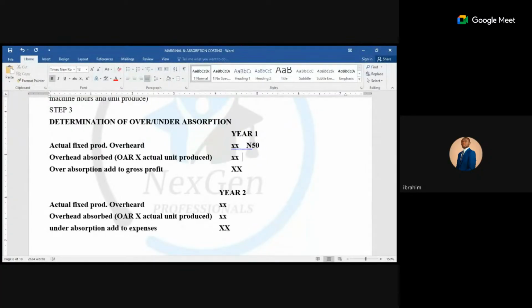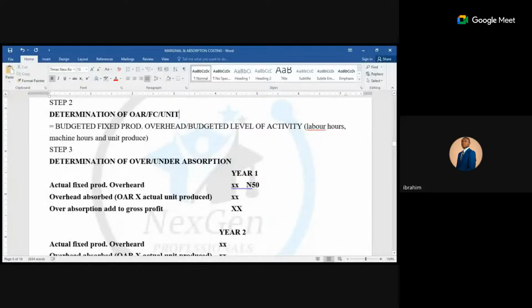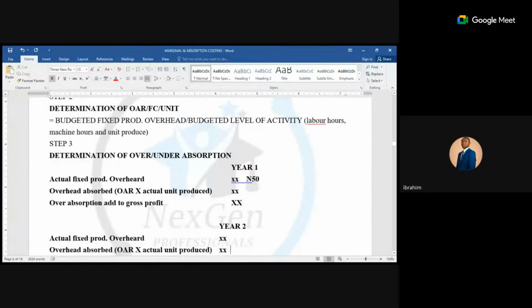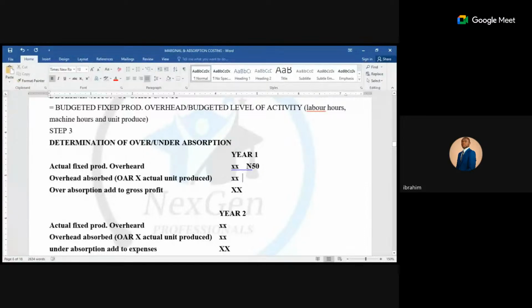Now, when you calculate the overhead absorption rate, which is your OAR, don't forget this is the formula for calculating your OAR in step 2, times the actual. Why do we have to multiply by the actual? It is because your overhead absorbed, which is your budgeted, must have elements of actual before you can compare them.